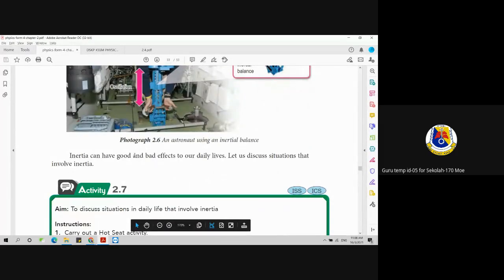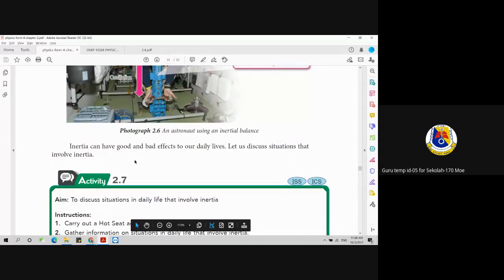So inertia can have good or bad effects on our daily life. What situations involve inertia? Can you give me some examples? Let you think for a few minutes, and later on we discuss.